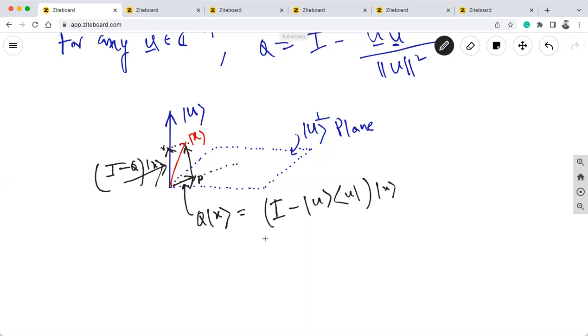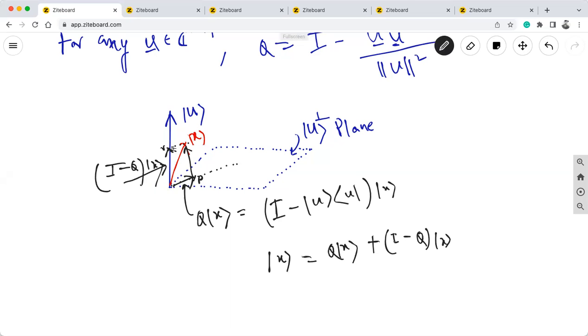By this way, you can represent any arbitrary vector x or quantum state x by the vector resolution property, given as the projection onto u plus (I minus u) into x.